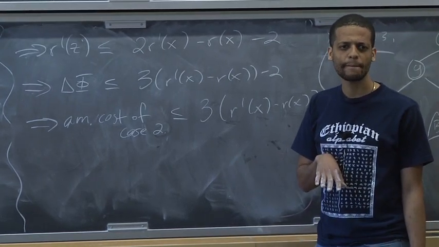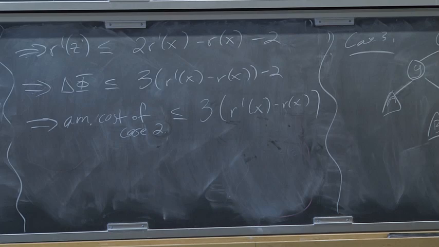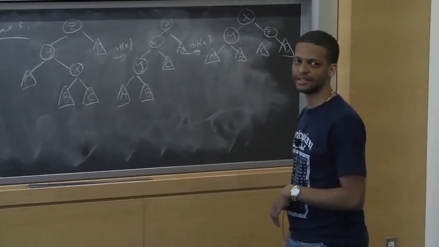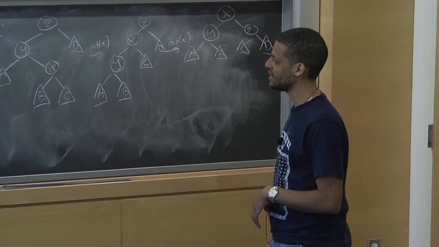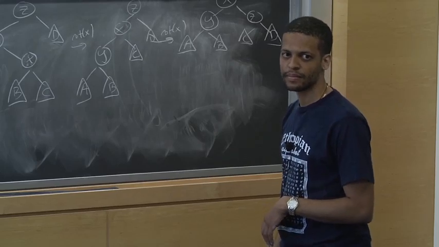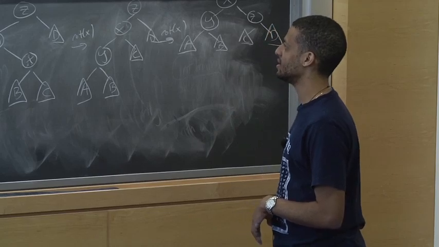So the +1 comes from the actual cost being 1, but delta phi won't have any minus terms? When you're in case 1, where does the +1 come from? If delta phi had a minus term, maybe I'm not sure what you mean by that. No, like the -2. Oh, I see.